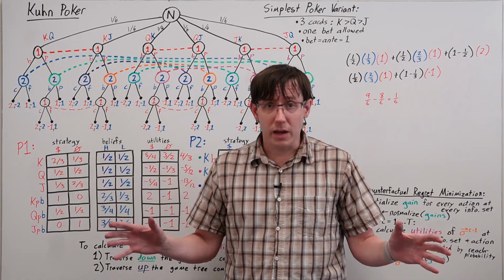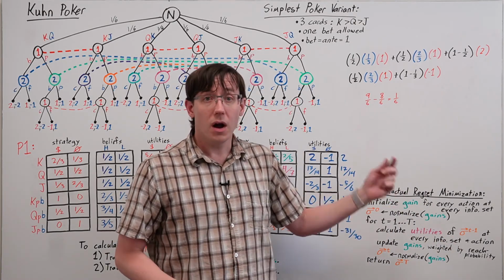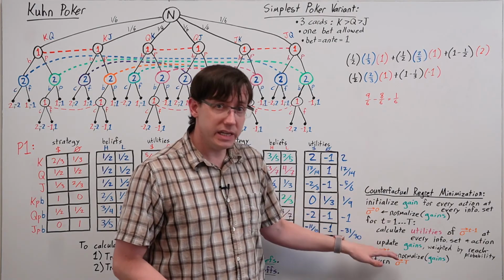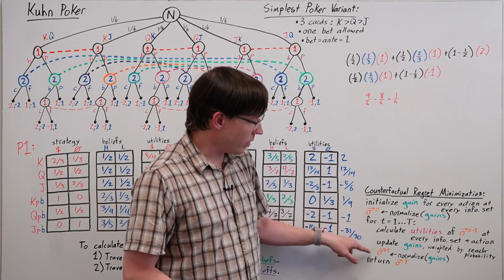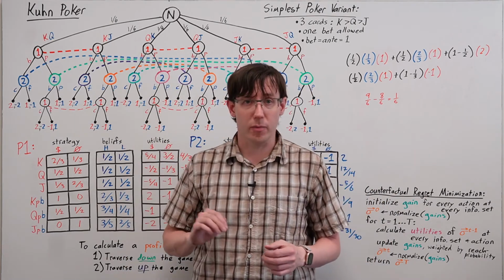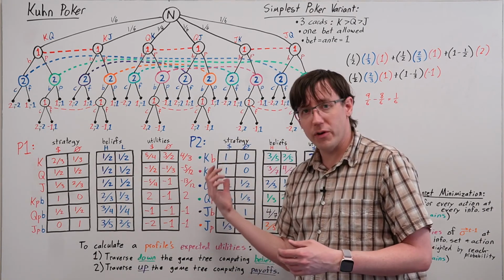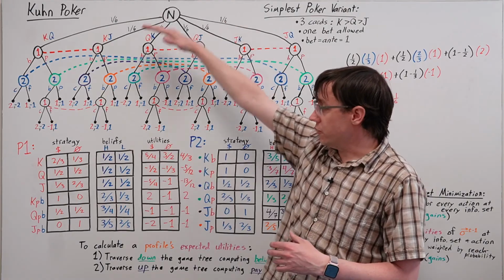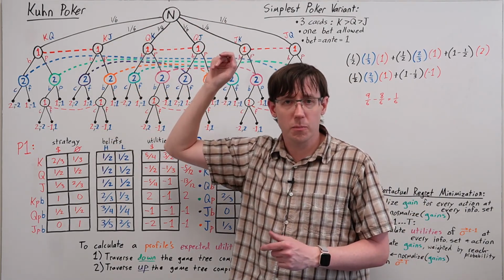So, in summary, the counterfactual regret minimization algorithm is to, on each of t iterations, get a current mixed strategy by normalizing the gains at every information set. Then, using the current profile of strategies, we will traverse the tree down to get beliefs and back up to get expected utilities.